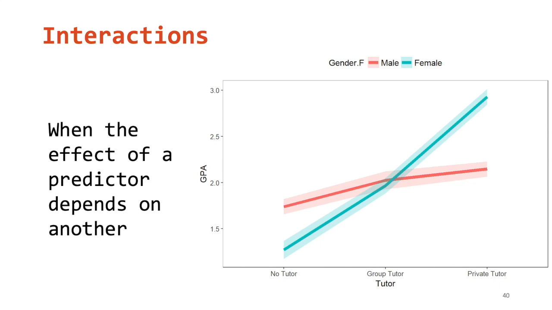If you can think about what the enjoyment would be like for each of those, ice cream would be very enjoyable when you have fudge, way less enjoyable when you have mustard. But it would be the exact opposite for a hot dog. So what we'd be able to say is the effect of the type of food, either ice cream or hot dog, on enjoyment of the food depends on the type of topping you have.